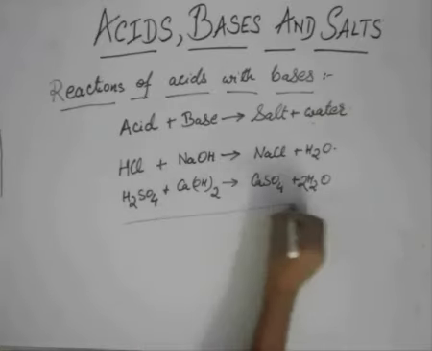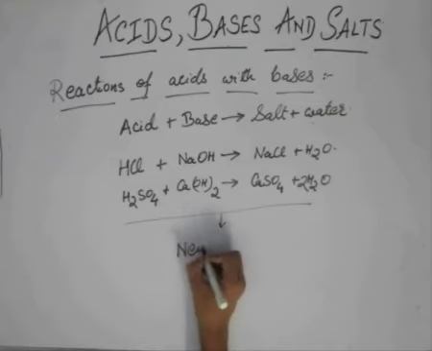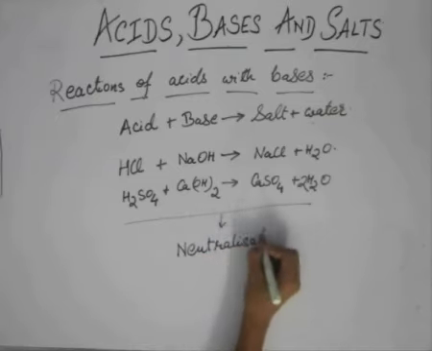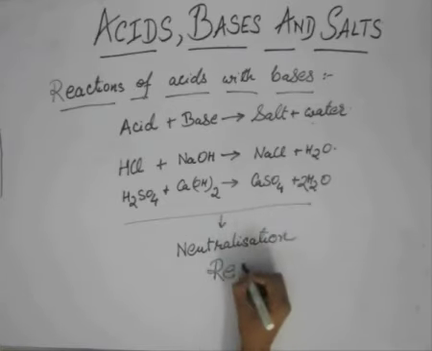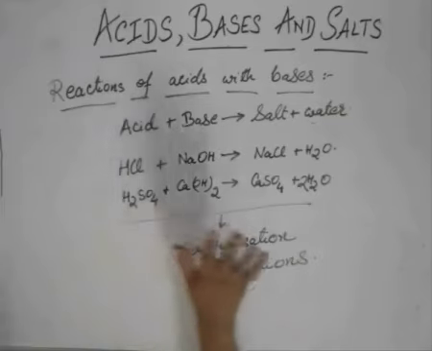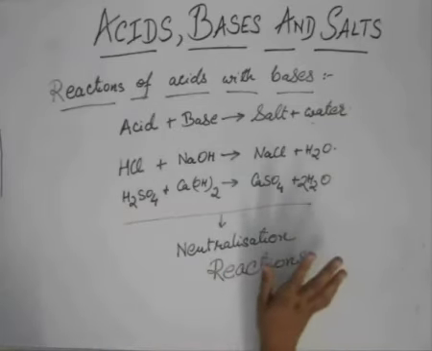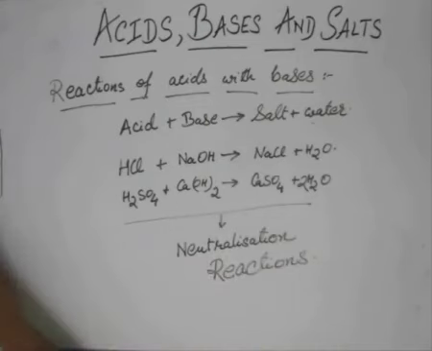And what are these reactions called? They are called neutralization reactions. That means an acid and base will give salt and water. Such type of reactions are called neutralization reactions.